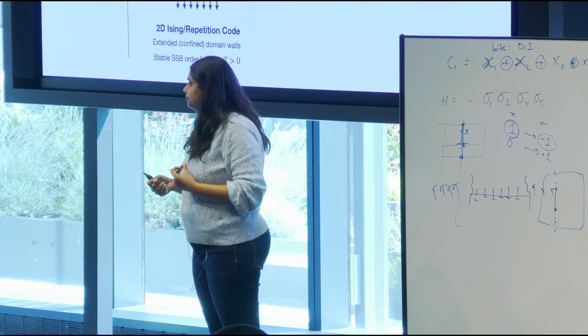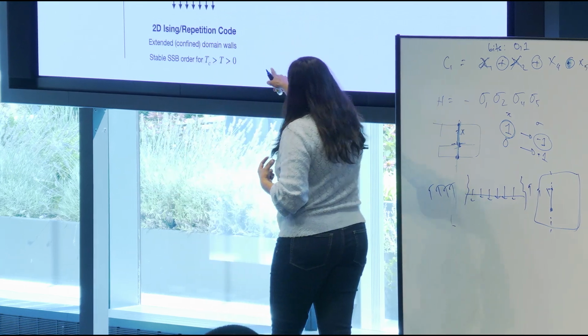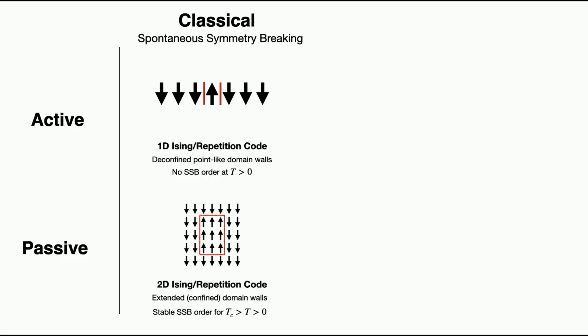On the other hand, if I'm in 2D, then my domain walls are not point-like. They're actually loop-like. Okay? And now these are confined because if I make some domain of flipped spins bigger and bigger, the energy that it costs increases with the size of the domain. So it costs more and more energy.